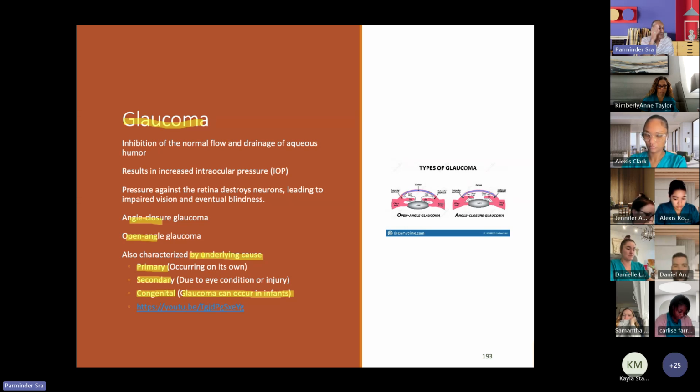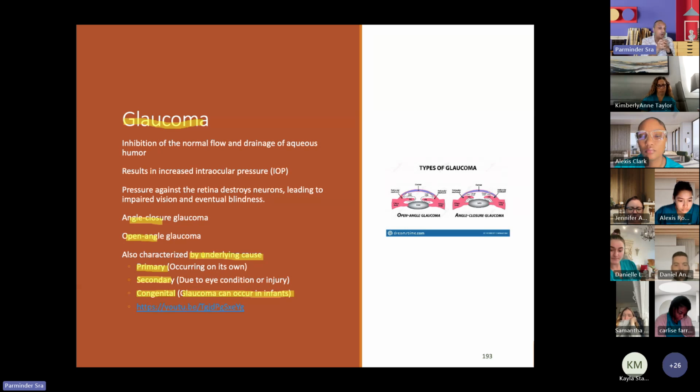On the other hand, open angle develops slowly. So the drainage is there, but it's not efficient, and slowly increases the intraocular pressure. Okay, everybody clear about these two different types of glaucoma, and we know which one is more dangerous, right? High risk.